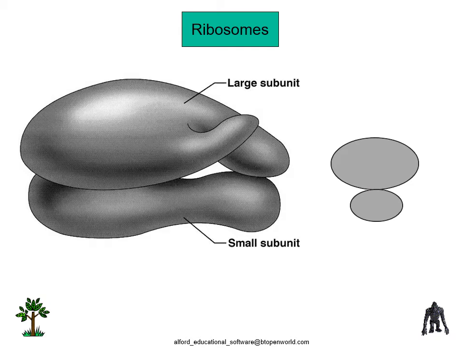This happens in a process called translation, where the mRNA, the copy of the gene, which is transported to the ribosome from the nucleus where it's produced, is effectively read by the ribosome.